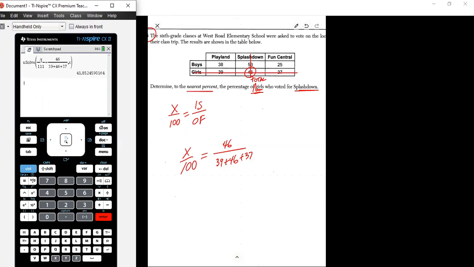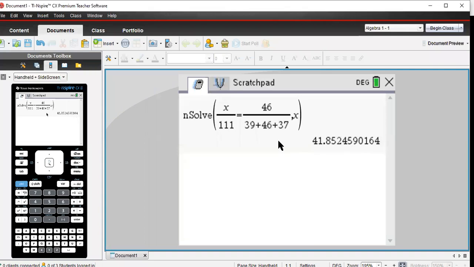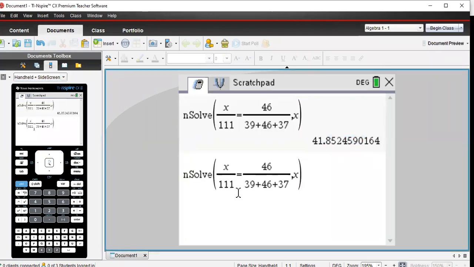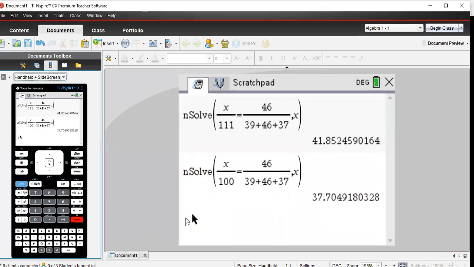And what we have here is, let me do this again. I can't see these little numbers. So this should have been 100, not 111. It should have been 100. And now when I do it, you see it's 37.7, and we're supposed to round this to the nearest percent.